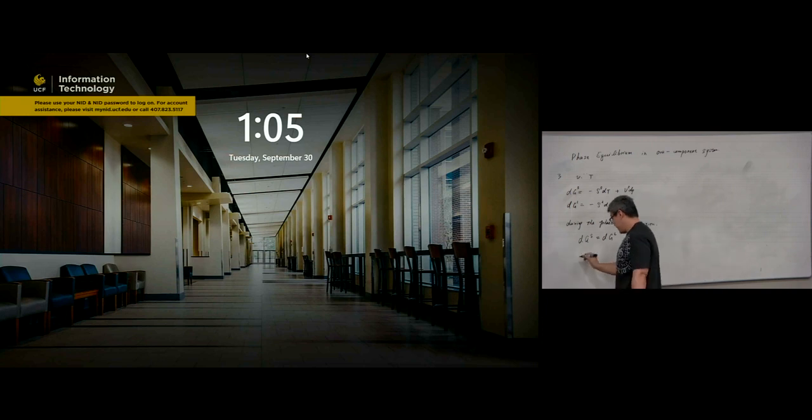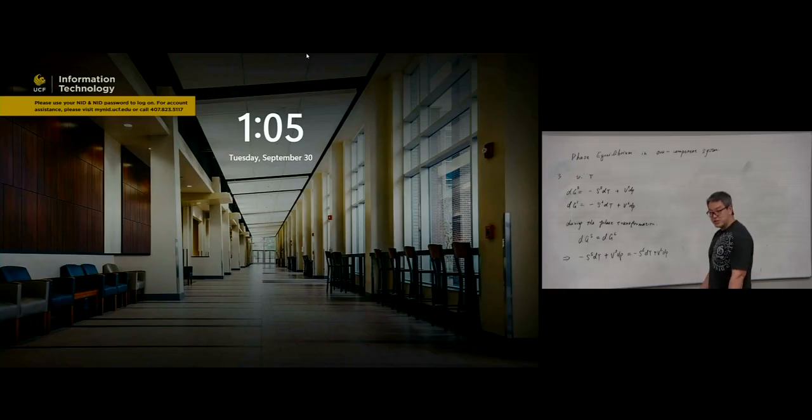Then we have, from this one, minus Ss dT plus Vs dP equals to minus Sl dT plus Vl dP. Correct? Because they equal each other.